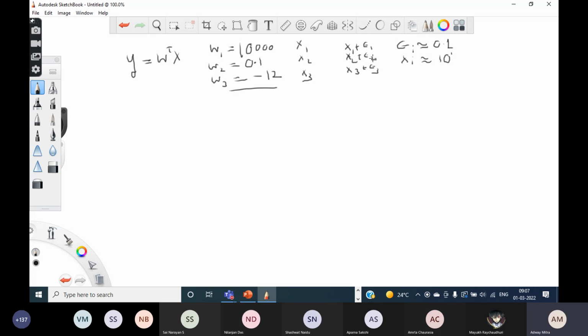Because W2 and W3 are relatively smaller, epsilon 2 and epsilon 3 will be multiplied by their respective coefficients, but because the coefficients are small, it's not going to blow up. But here, this particular error has blown up, so the perturbation it causes on Y is really large. This is the situation we call overfitting.